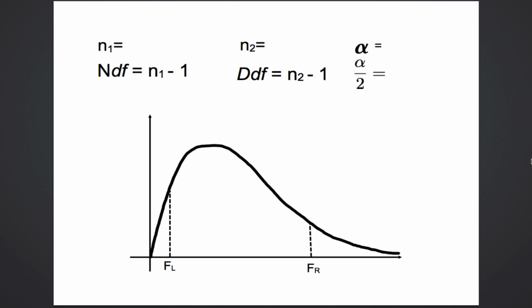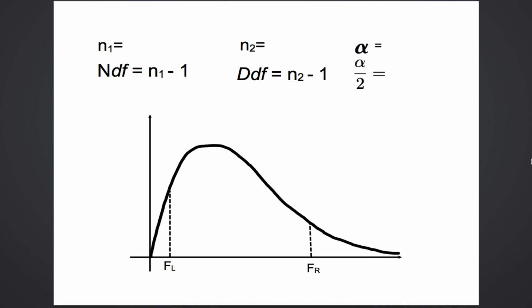The numerator degrees of freedom is always n1 minus 1, and the denominator degrees of freedom is n2 minus 1. The area of each tail will be half of the significance level. So if we have a significance level alpha, then the area of each tail will be alpha over 2.